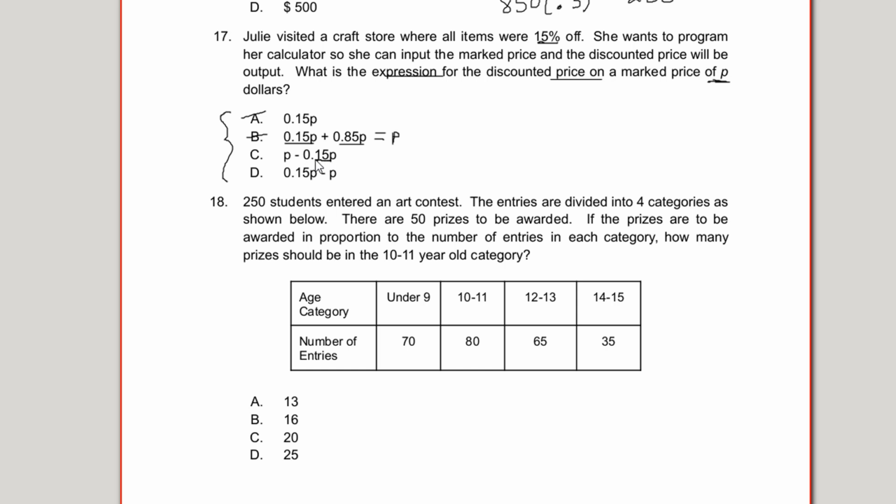That's her discount. She's subtracting it from the price. It's going to be answer choice C. Just for looks, answer choice D gives us the discount minus the price. That's going to give us a negative number. It's in the wrong order there. So for 17, we have answer choice C giving us that expression.